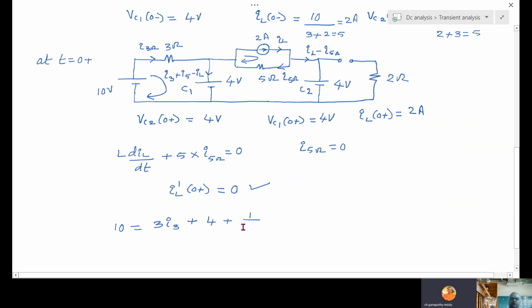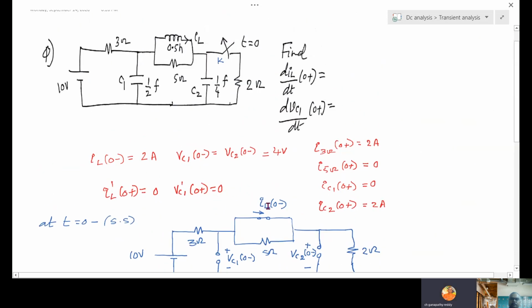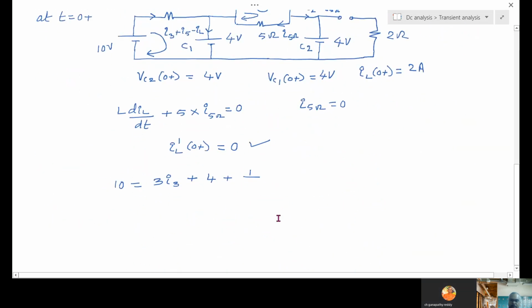What is C1 value? 1 by 2. So this is 1 by 2 integral 0 plus 2t. And what is the current there? I3 plus I5 minus IL dt.